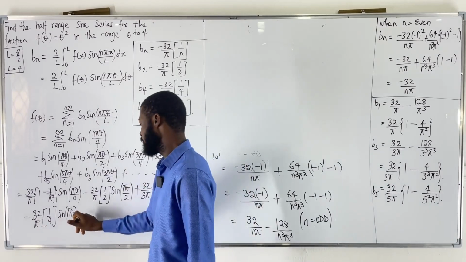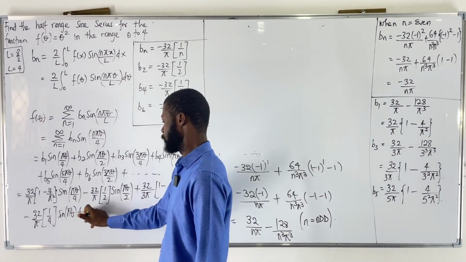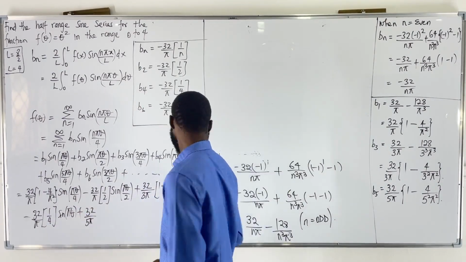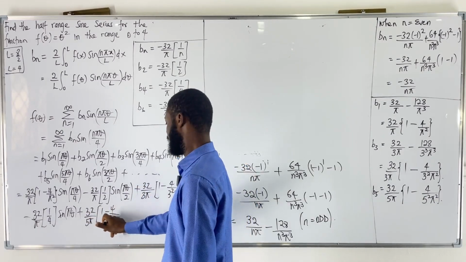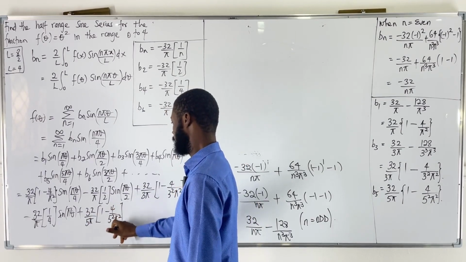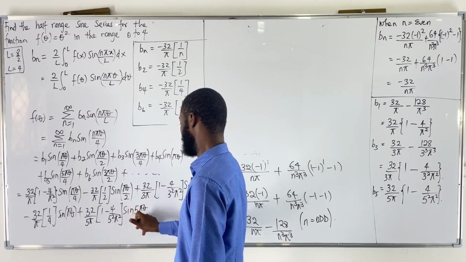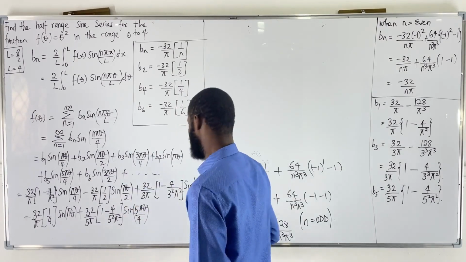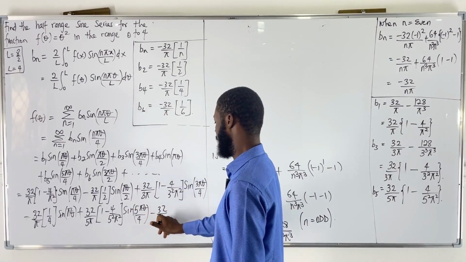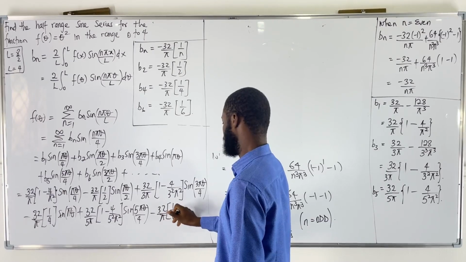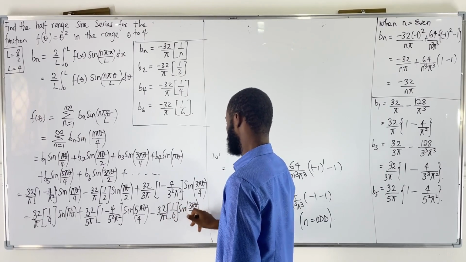The next is b5. So this is plus b5. So that's 32 over 5 pi into 1 minus 4 divided by 5 squared pi squared. Then we have sine 5 pi theta over 4. Then b6. This will be minus 32 over pi into 1 over 6 sine 3 pi theta over 2.